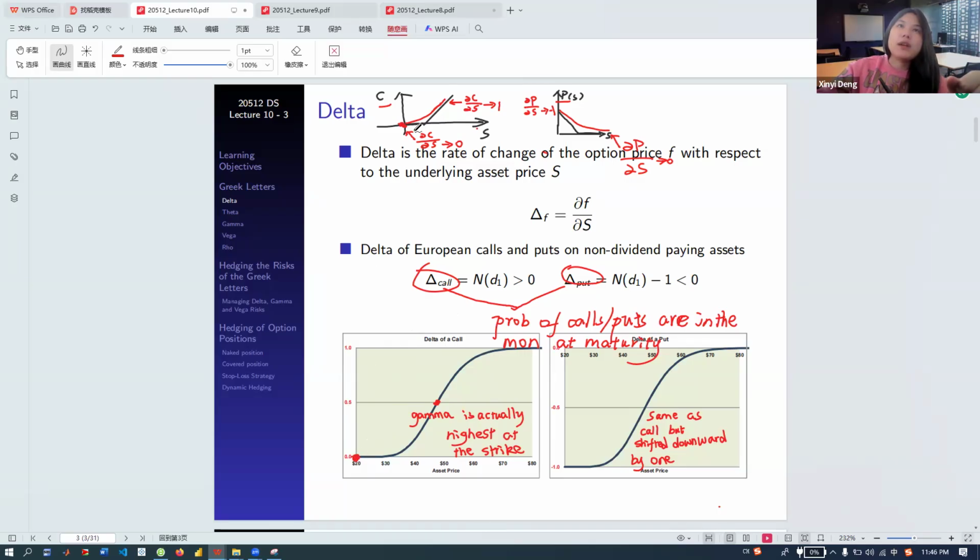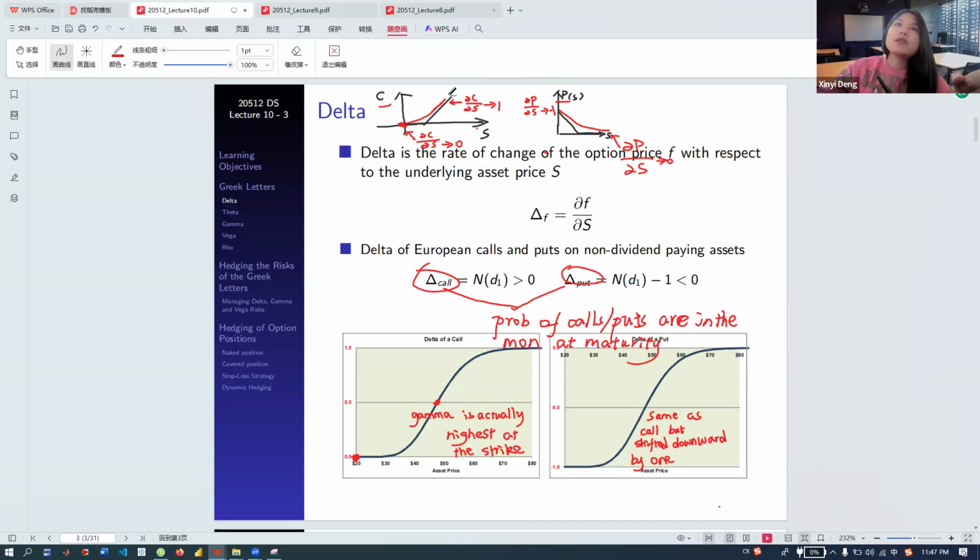So where delta is equal to 0. And also for S really large, so far in the money. If it's deeply in the money, then it's approaching a positively sloped straight line, right? And that positively sloped straight line has a slope of 1.